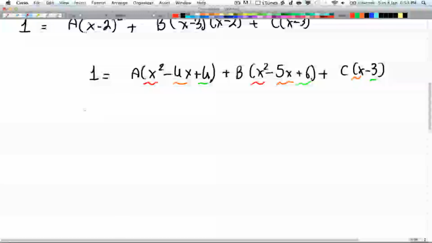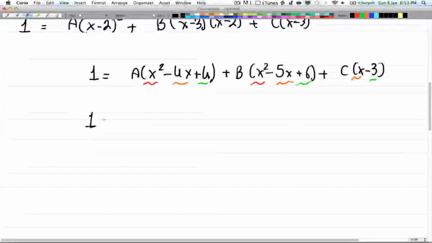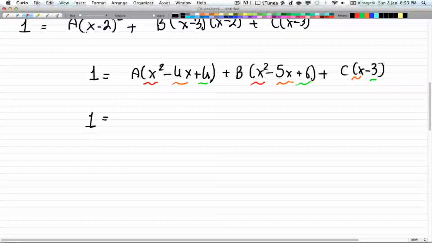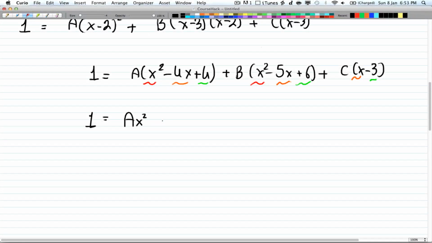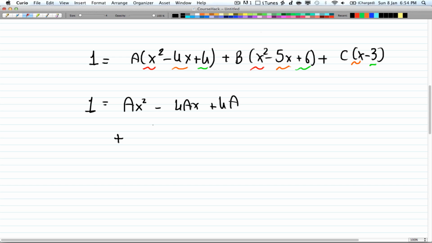Okay, so on the left hand side we have 1. That'll be 1 is equal to, for the x squared, you have a times x squared. Okay, to get rid of the bracket. So you have ax squared minus 4ax plus 4a plus bx squared minus 5bx plus 6b.